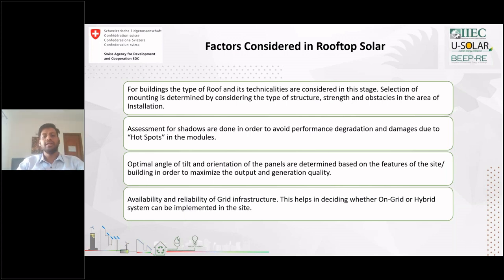In the northern hemisphere, like India, we have to orient these modules towards the south. Wherever you see a solar installation in the northern hemisphere, it will be tilted and facing south. That is the optimum orientation for any solar power plant.